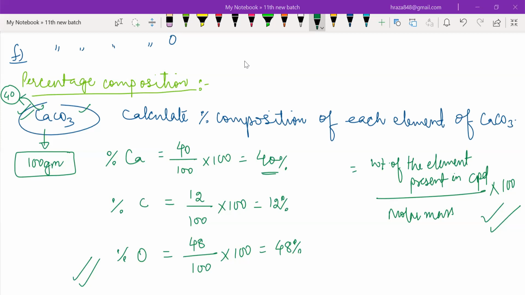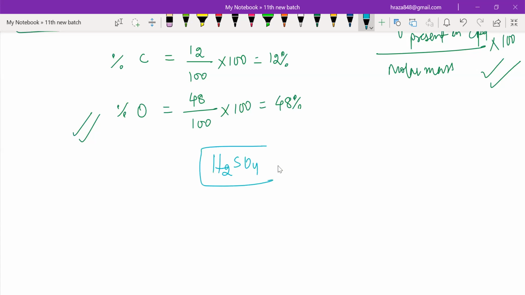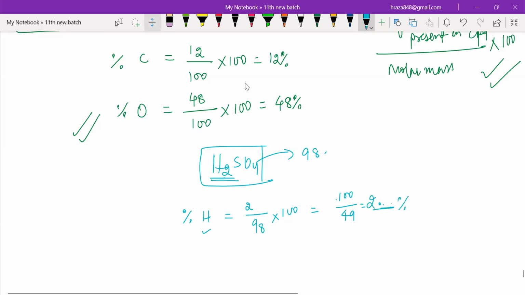If you calculate for H2SO4, its molar mass is 98. So the percentage composition of hydrogen, the weight of hydrogen in H2SO4 is 2. Here it is 2 upon 98 into 100. And when you solve it, it will be in decimal, right? Yes. 2 point something percent.